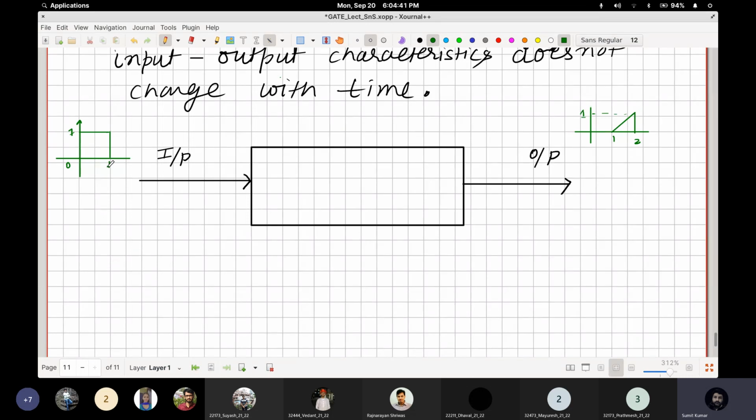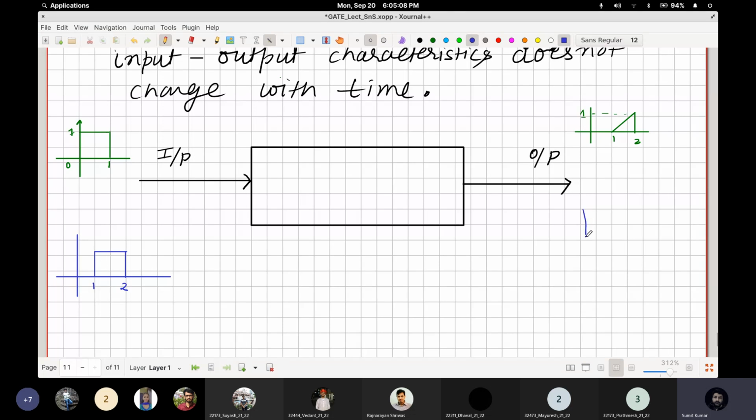So if you are delaying your input, let's say your input was starting from 0 to 1, and now you give a delayed input that starts from 1 and goes all the way up to 2. So it's delayed by 1 unit here.